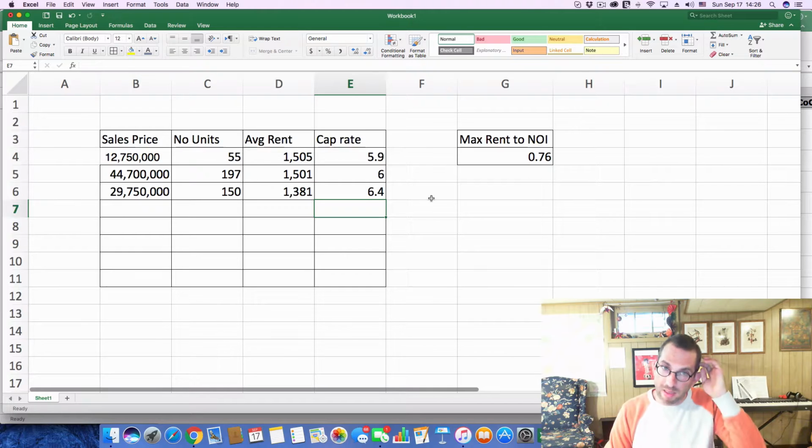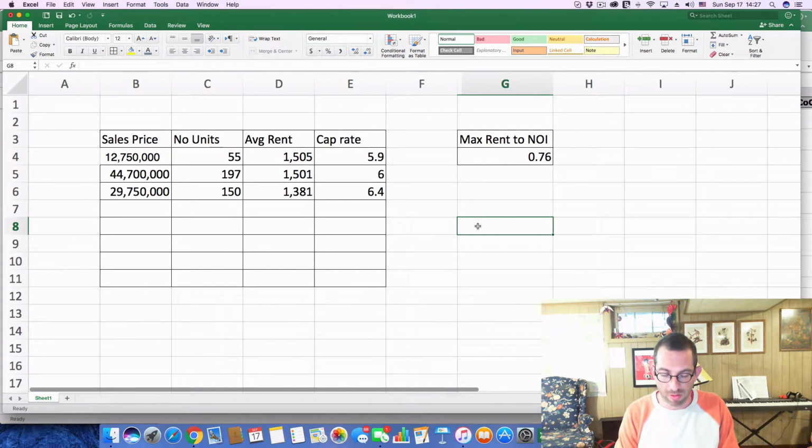Anyway, it seems like he's suggesting somewhere between 6 to 6.4. Let's just, for the hell of it, call that 6.1. Okay, so 6.1.